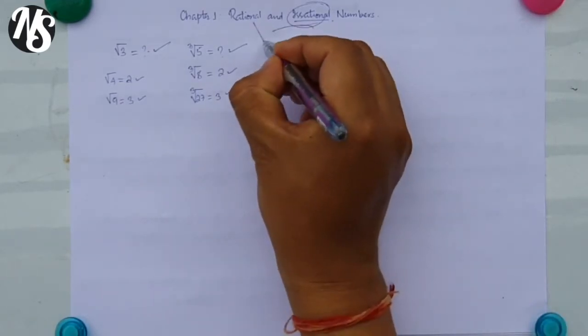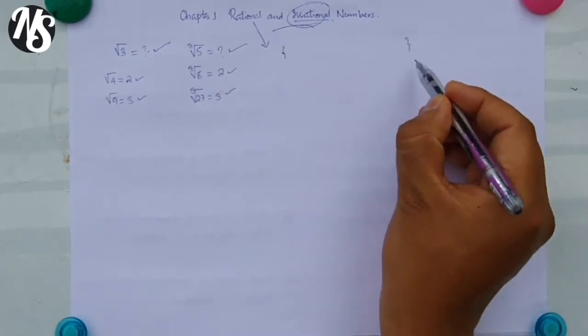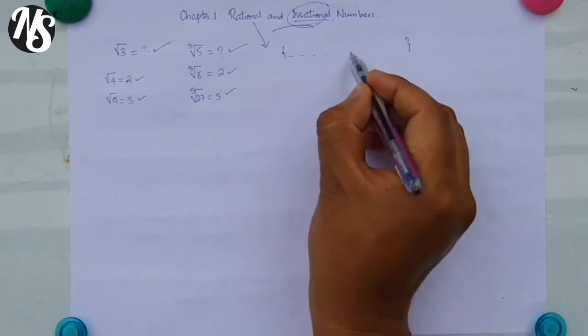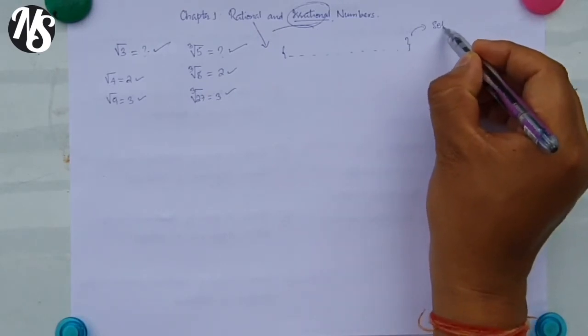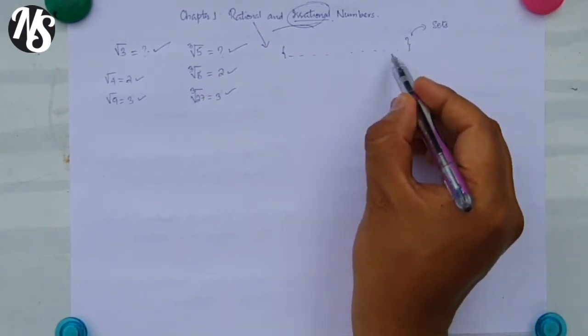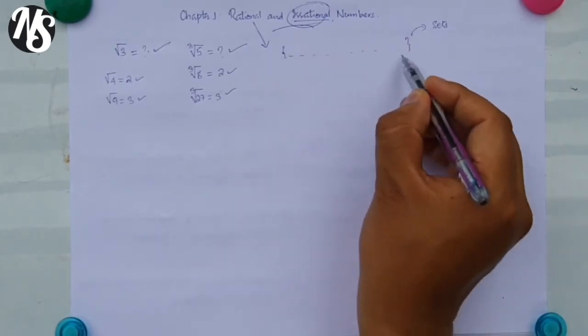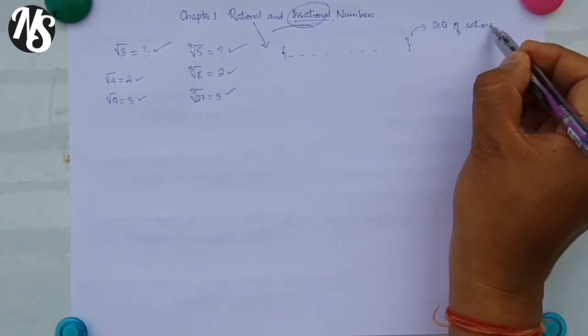Let's talk about the notation of rational and irrational numbers. We have got many rational numbers, isn't it? If I put all the rational numbers within this bracket, this bracket is called a set, and this is called the set of rational numbers.